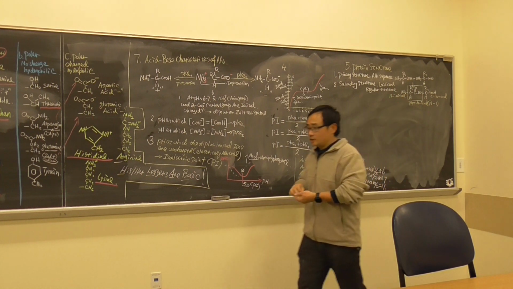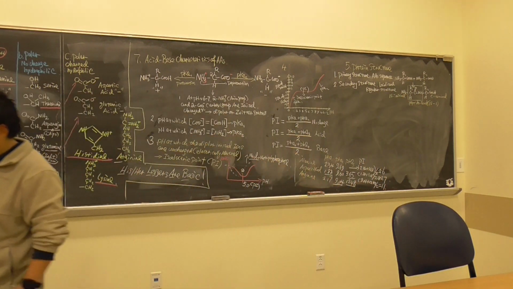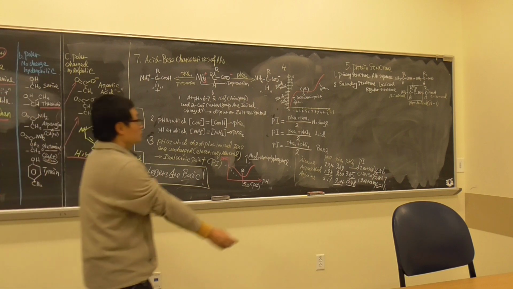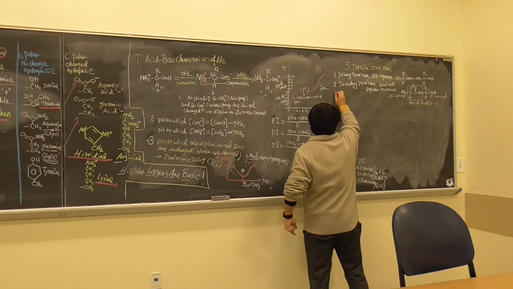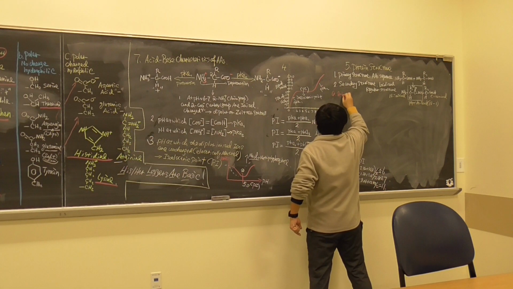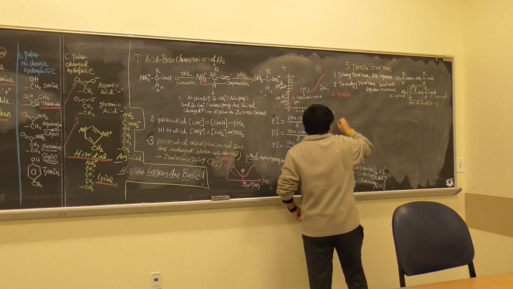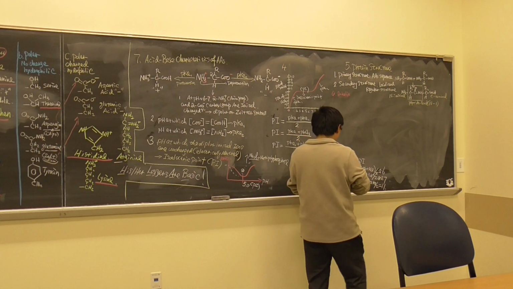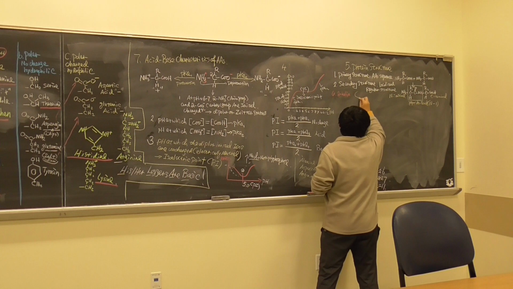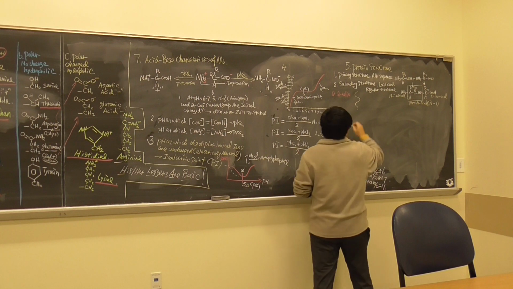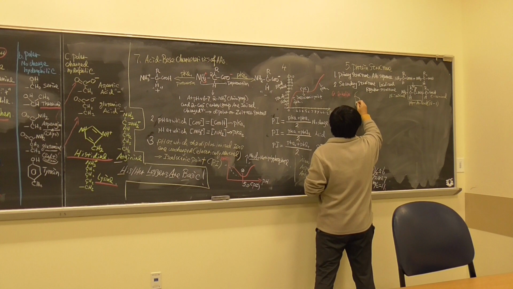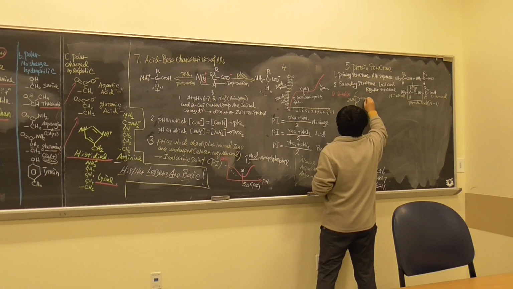What are the three major examples? Number one, alpha helix. What does it look like? Okay, one turn has 3.6 amino acids and is 0.54 nanometers.